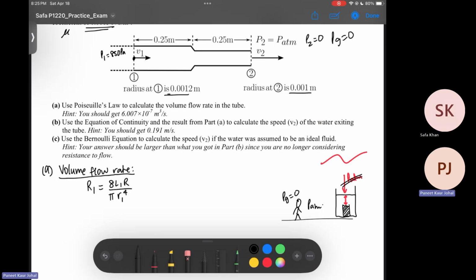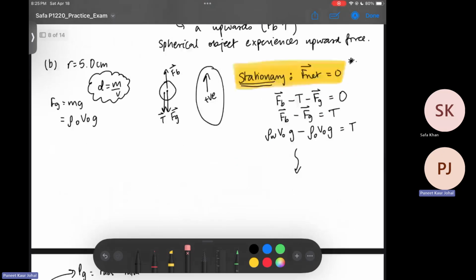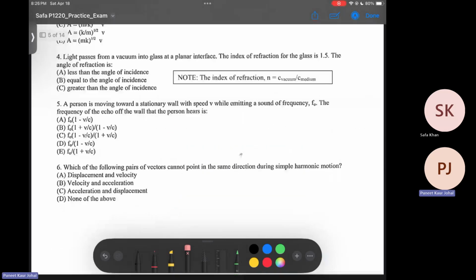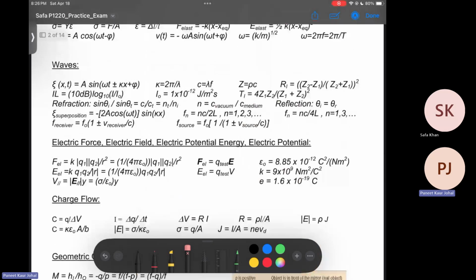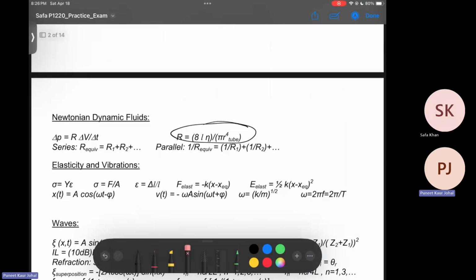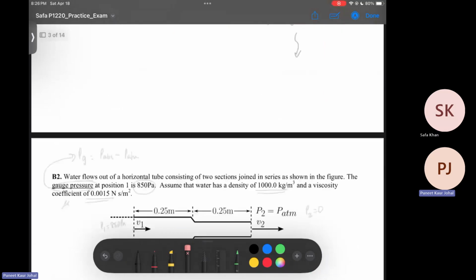I think so, because you are calculating the flow rate taking into consideration the resistance. This is viscosity. Actually, I think you have a different symbol for viscosity. I'm gonna go back and check. What was this? N? Okay, yeah, this symbol. Sometimes you use mu, but never mind.